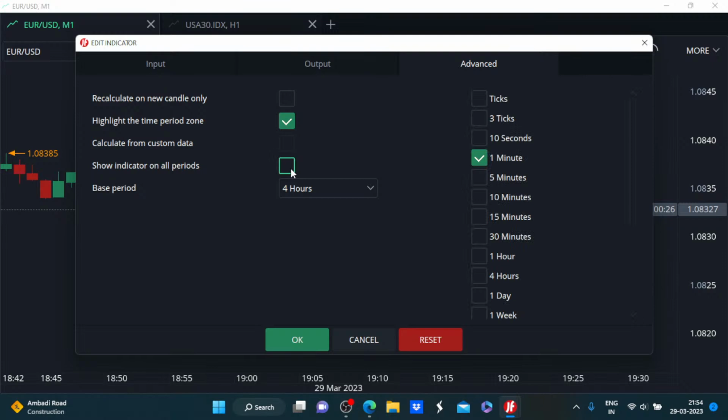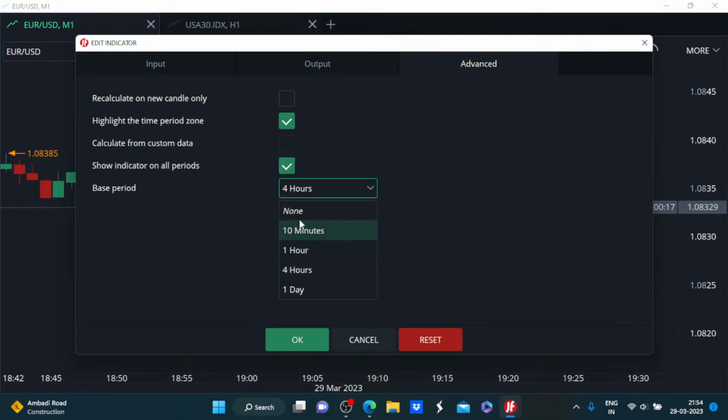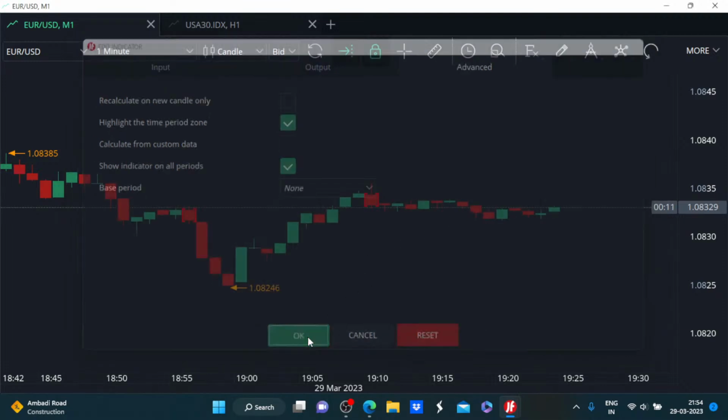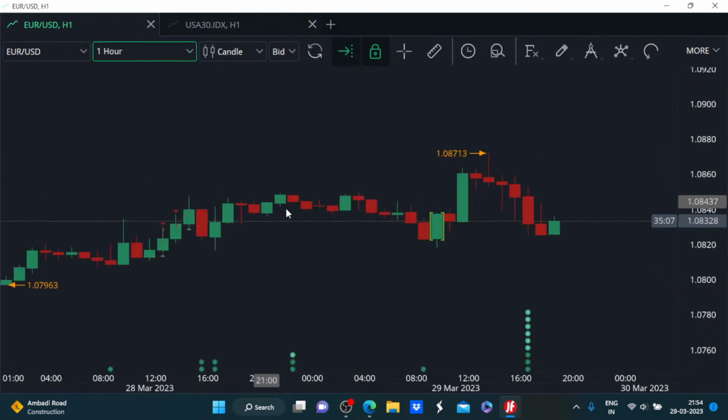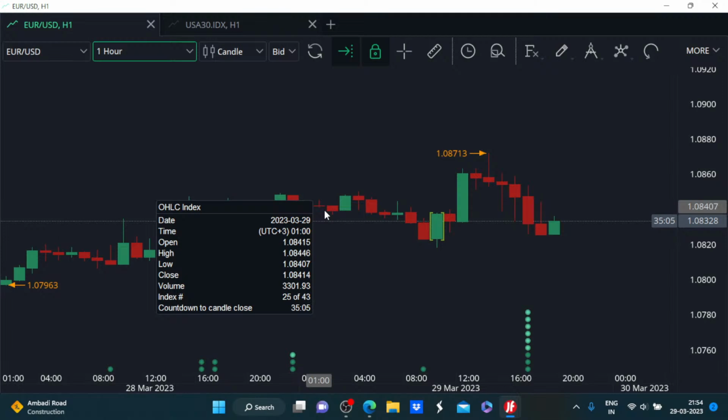If you opt out, then you have to specify on which particular time frame these formations should be recognized, and only on that time frame it will be recognized. This base period formation is not really going to make much of a change in the plotting of the indicator. So that's all from my side for this thrust outside bar formation.